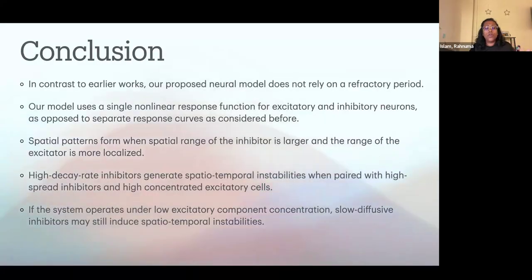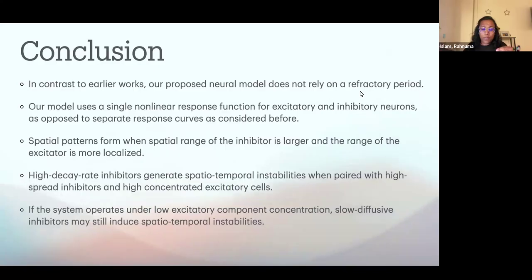So in conclusion, the model that we derived is a neural model like the one that has been developed by Bart, Armantrout. The novelty of our model, which is different from the previous neural model, is that our model does not rely on the refractory period.